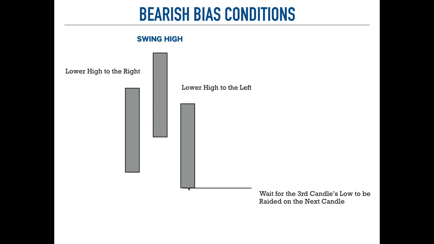Okay, so we want to see this low being traded through on the fourth candle that appears here, just like that. Okay, and then once that happens, we are now in a bearish bias condition, and we can look for sells at or above the day open price on the next candle's opening.